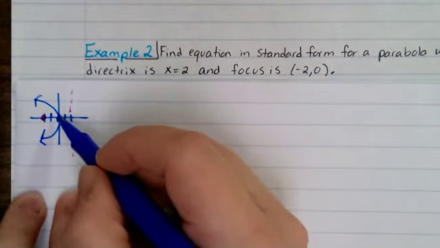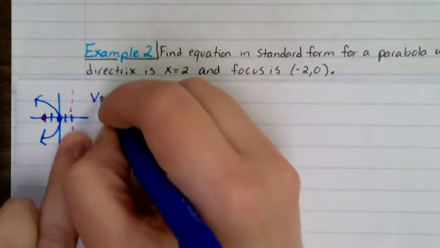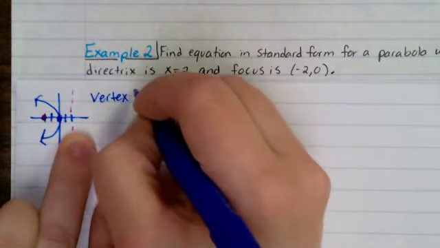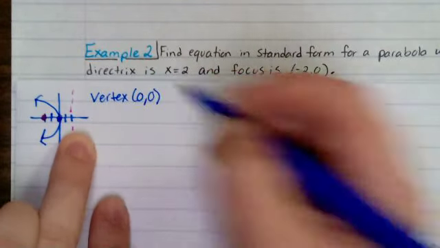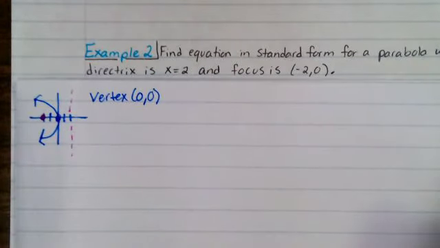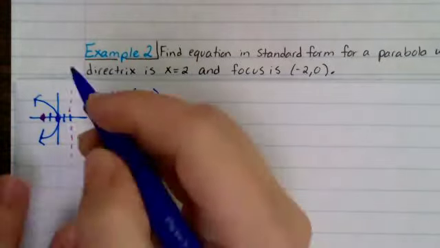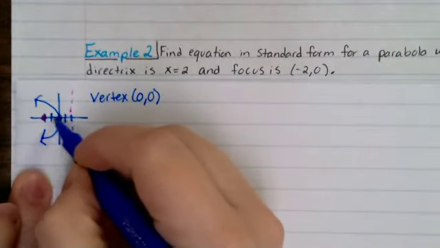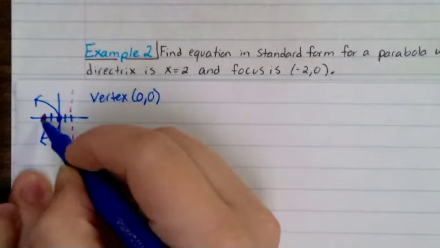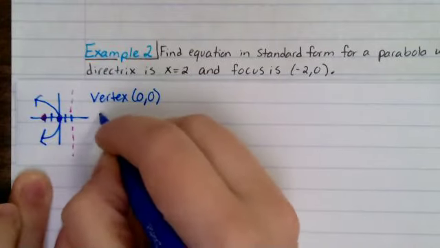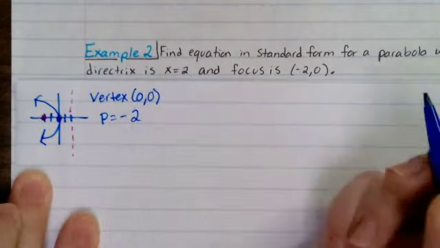It also tells me that my vertex is at the origin. And then that starts to let me kind of see what's going on. You can even see what your p-value is just by looking at this picture. It's actually exactly negative 2 because from 0 to that negative 2, that p is negative 2.